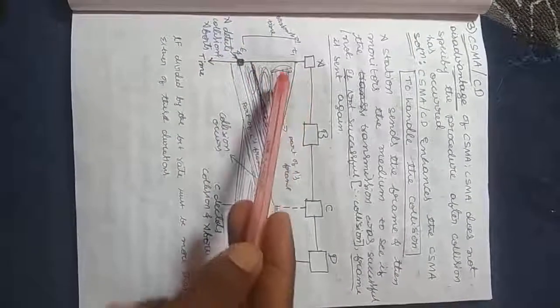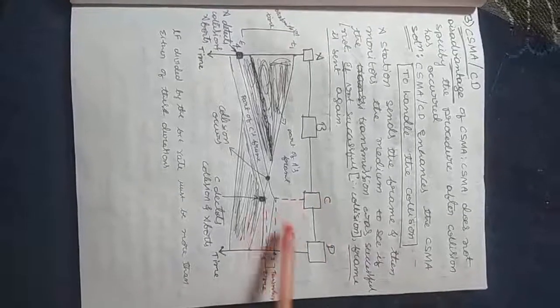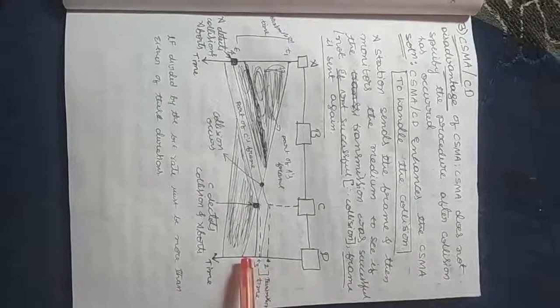So A's transmission is from T1 to T4 and C's transmission is from T2 to T3.